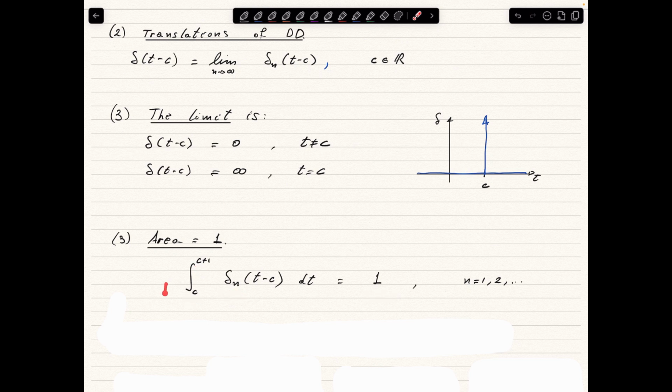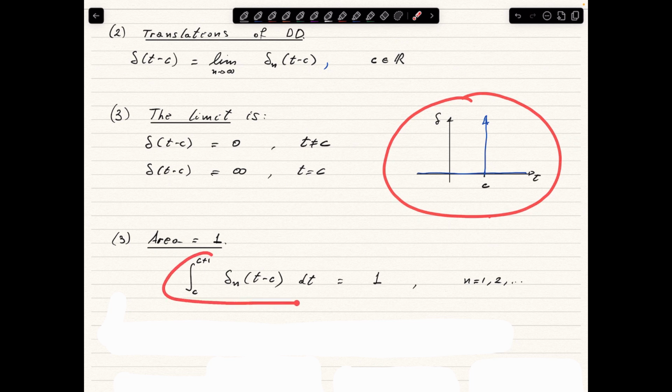So now that we have this property, we are going to try to see if we can define what is the integral of the Dirac Delta generalized function, knowing that we have these properties for each element in the sequence that defines the Dirac Delta.